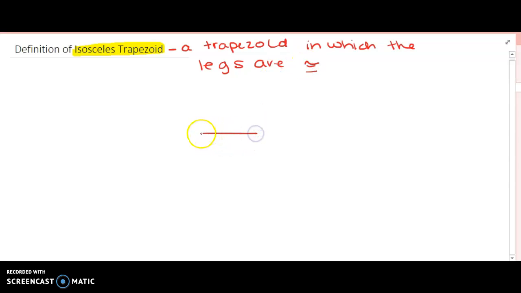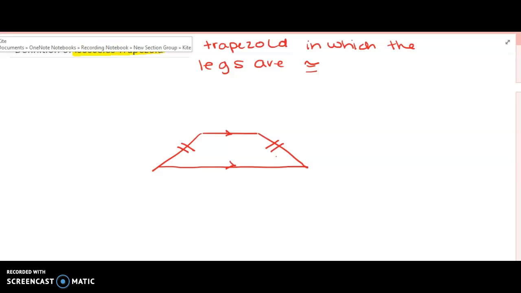We have a trapezoid here, right? This and this are the bases, they're parallel. In an isosceles trapezoid, the legs are congruent, so these two sides are congruent. And as we will see, there are a lot of properties that come with isosceles trapezoids.